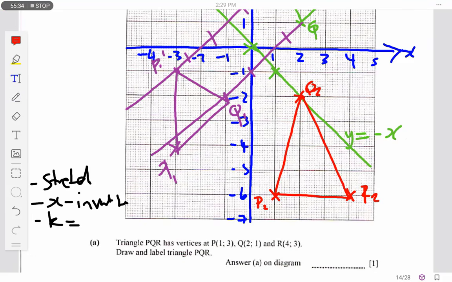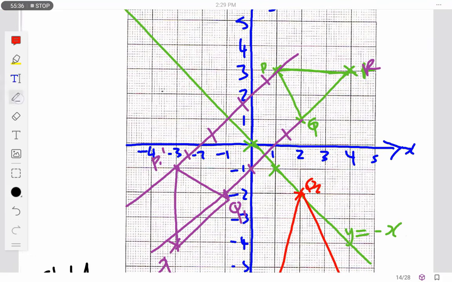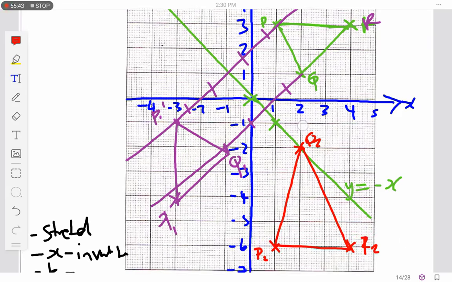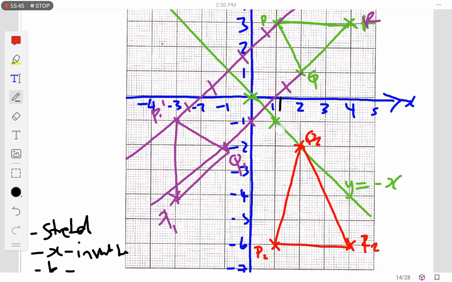So when you are finding the stretch factor, since we said our x-axis is the invariant line, you can measure the image of OP from this point to this point over the original from this point to this point.